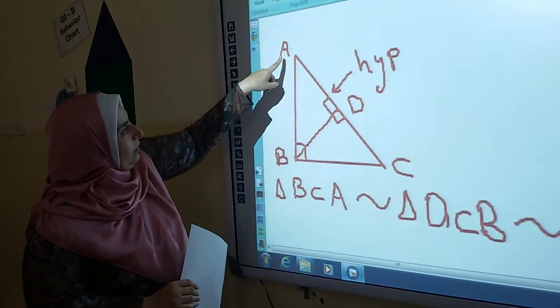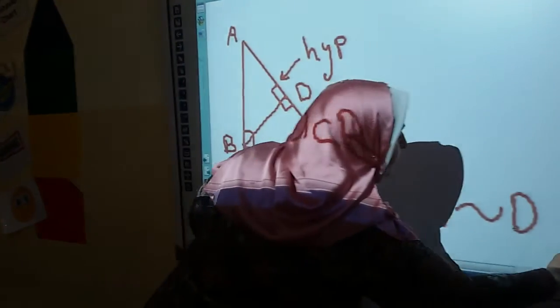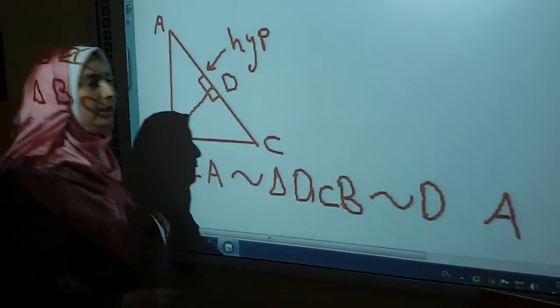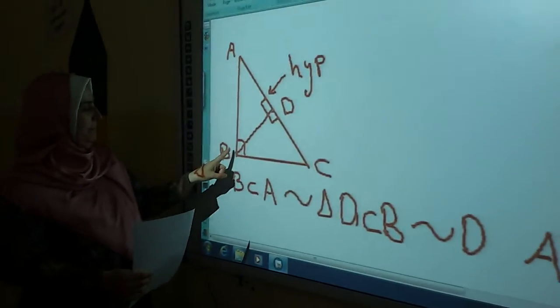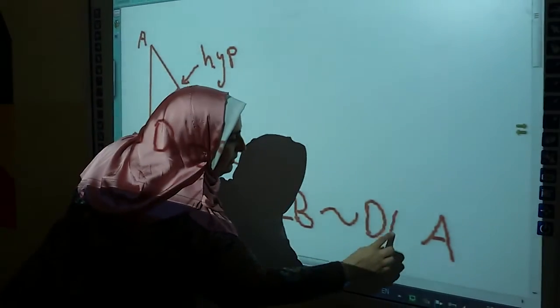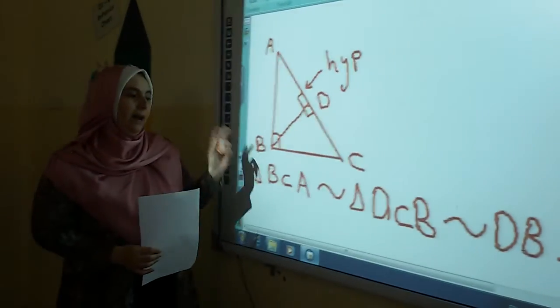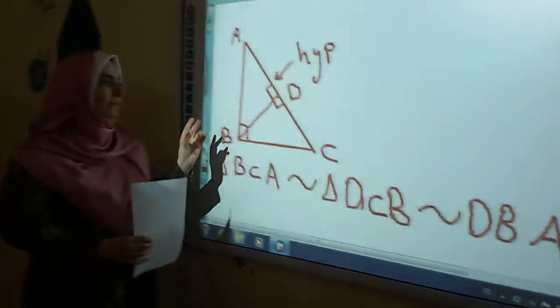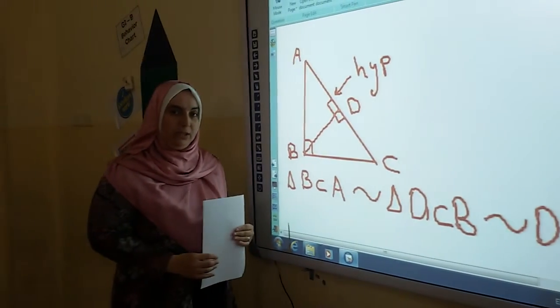I have the A, okay? A is common. So A is the third letter. So what about the second letter? I have D and B. So B is the second letter. So now we know how to order the vertices to get the similarity statement.